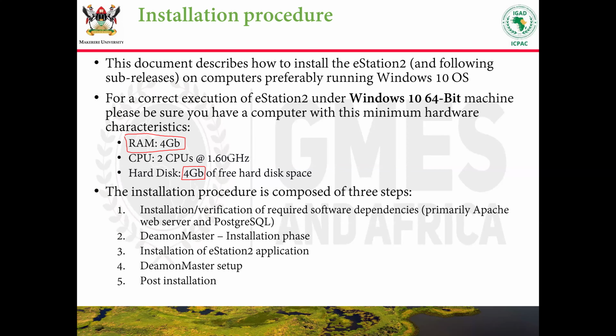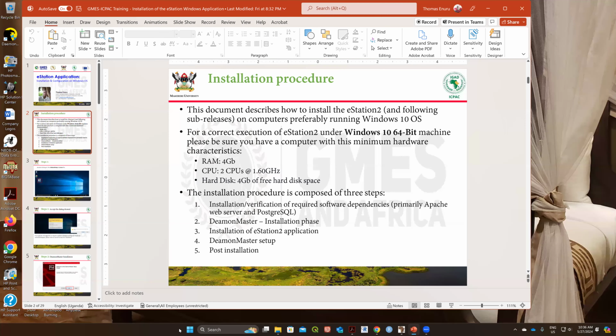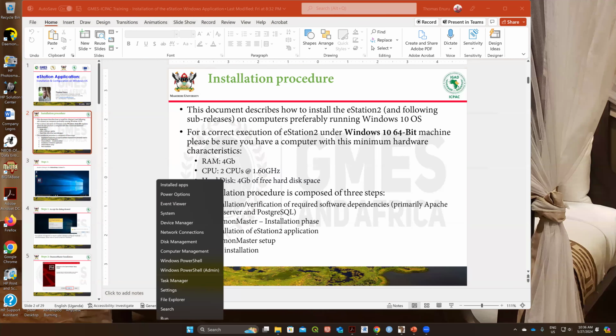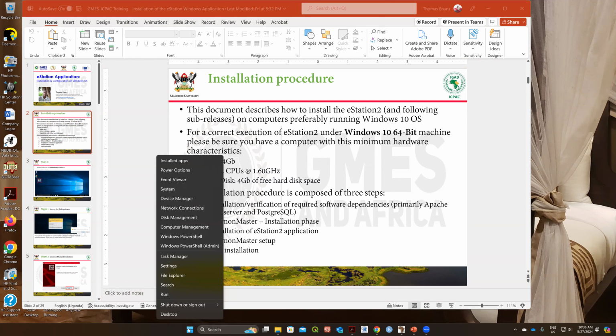So I'll just show you how to check for your CPU in your laptop or computer. Again, simply, all you need to do is locate the Windows icon under the taskbar. You right-click on it, and then you can go to the task manager if you want to, or you can go to the device manager.